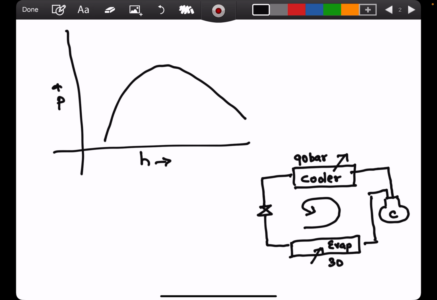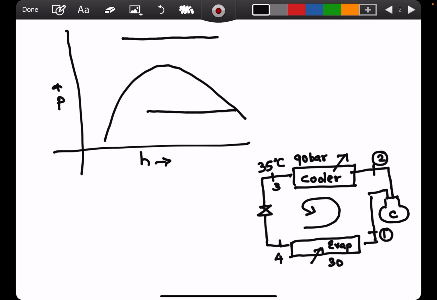You are also given that this temperature is 35 degree centigrade. Let us say that you call this the inlet 1, this is the exit 2, this is state 3, and this is state 4. So let me represent this on the pressure enthalpy diagram. This one would be your evaporator pressure. This will be your cooler pressure.